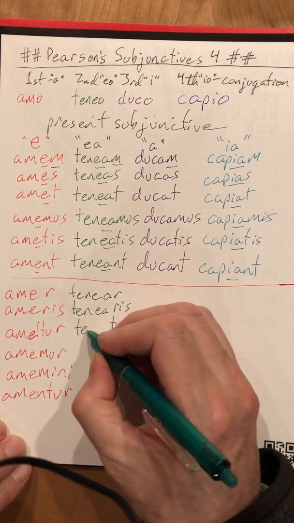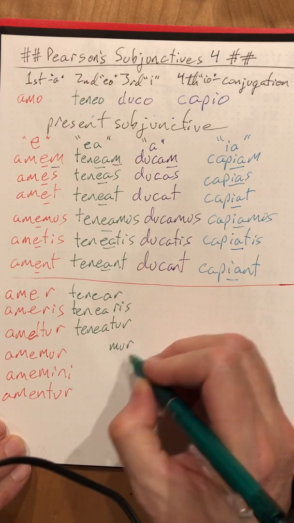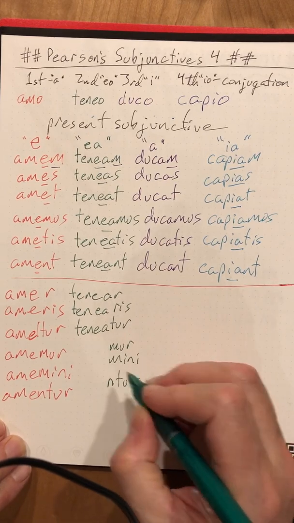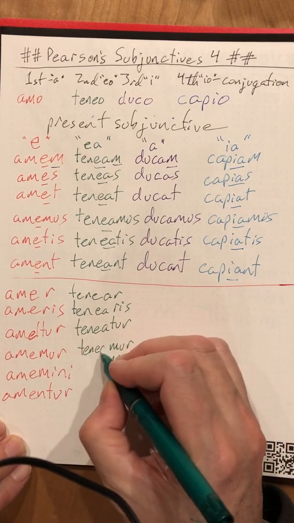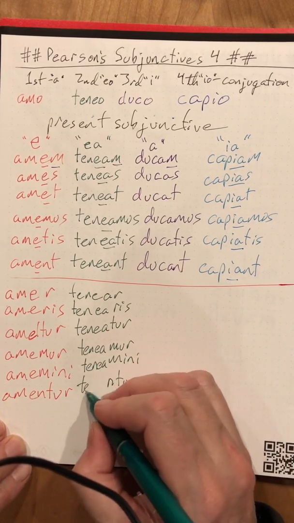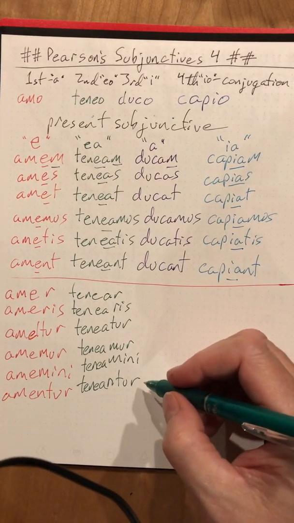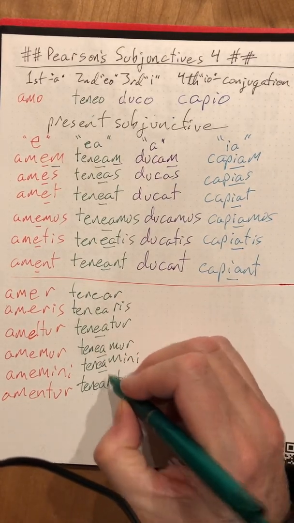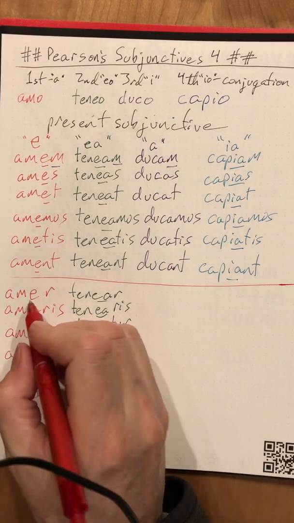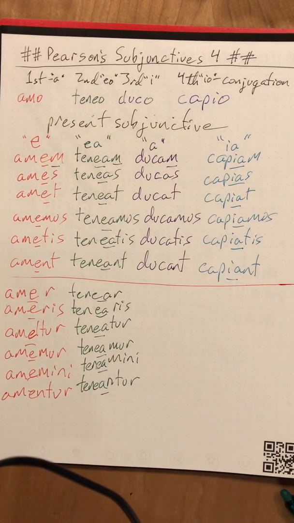Then in the plural, mur, mini, and ntur: teneamur, teneamini, teneantur. Pattern holds true. EA for the second conjugation, and the E for the first, and so forth for the other conjugations.